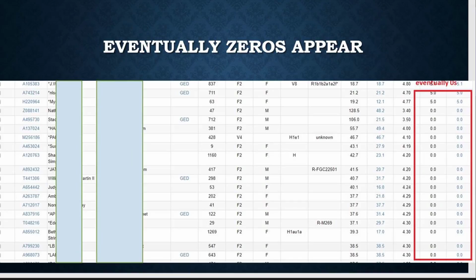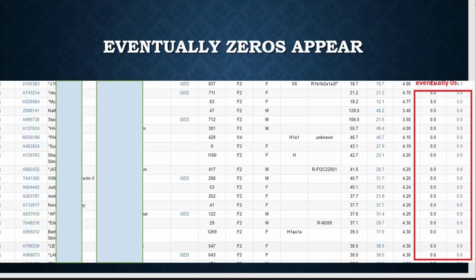So eventually, if you go far enough down your list, if you've sorted on the X chromosome on the right over there, eventually you're going to see zeros. Those zeros are just as useful as the non-zeros. What that means, it's not exclusionary. It doesn't mean that you're not related to them on the X. Well, it means you're not related to them on the X, but you're still related to them.